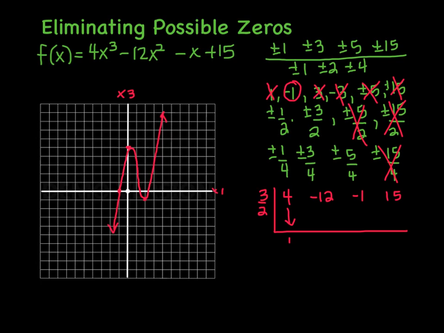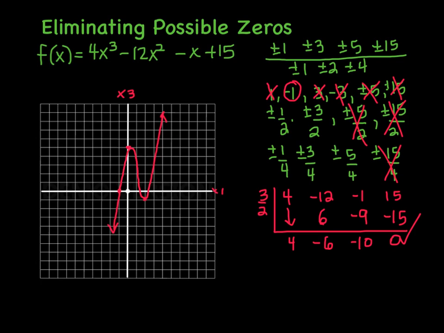If I bring down 4 and I multiply these two right here, I'm going to get 6, sorry. And if I add that and multiply, I'm going to get negative 9. If I add those and I multiply, I'm going to get negative 15. So 3/2 is a 0.